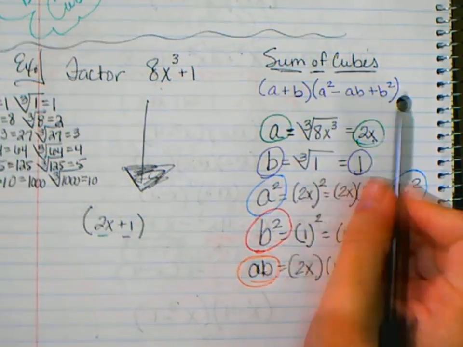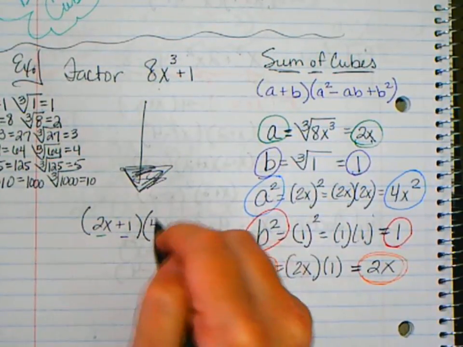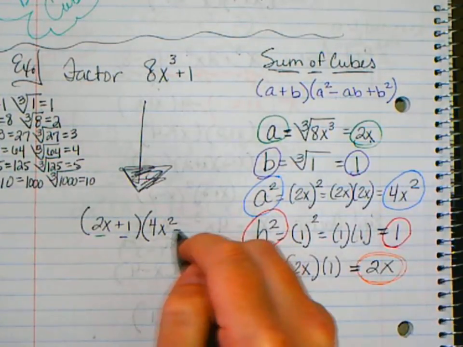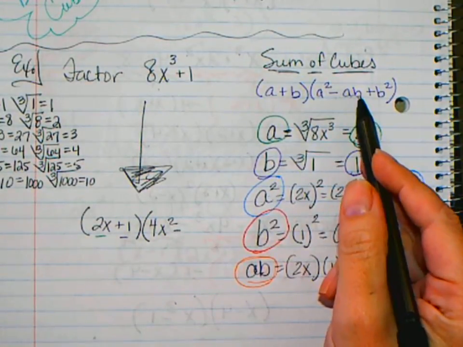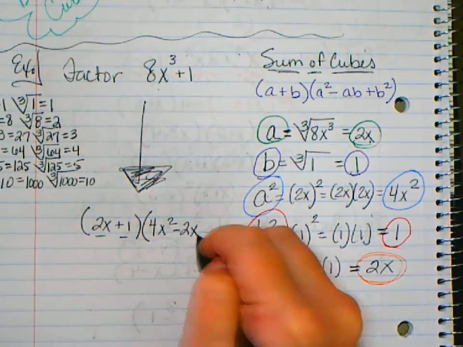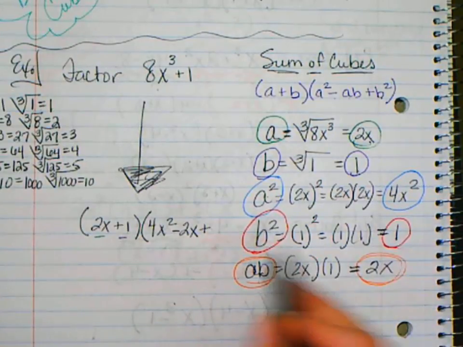And then in my second parentheses, I start with A squared, which we found to be 4x squared. Then it says to subtract A times B, which is 2x. Then it says to add whatever B squared is, which we got is 1.